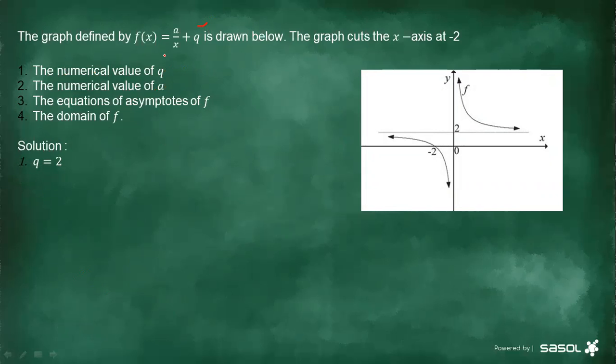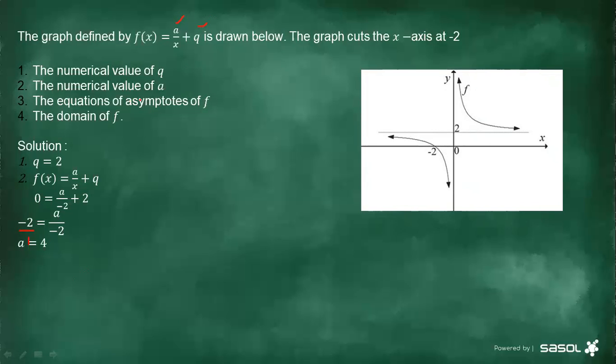And the numerical value of a: since we have got q, we are looking for any point on that curve, x and y, so that we can get a. That point is (-2; 0), and y is 0 there. Transpose this to that side, then we cross multiply, and it's going to give us a as +4.